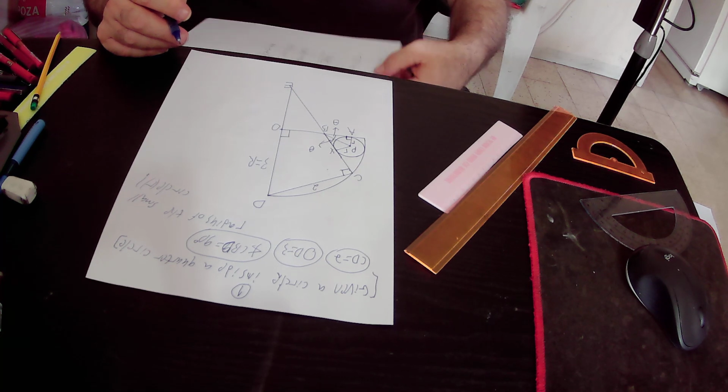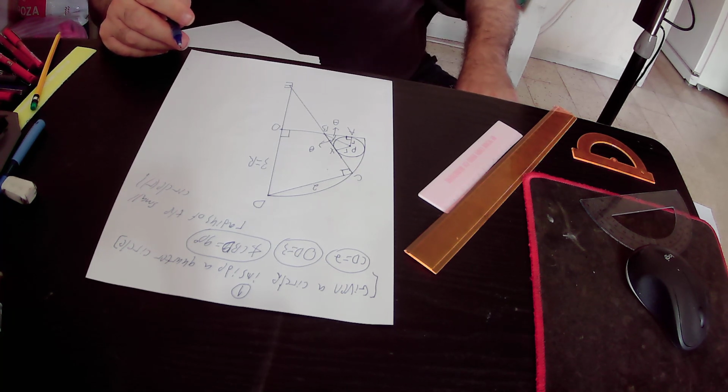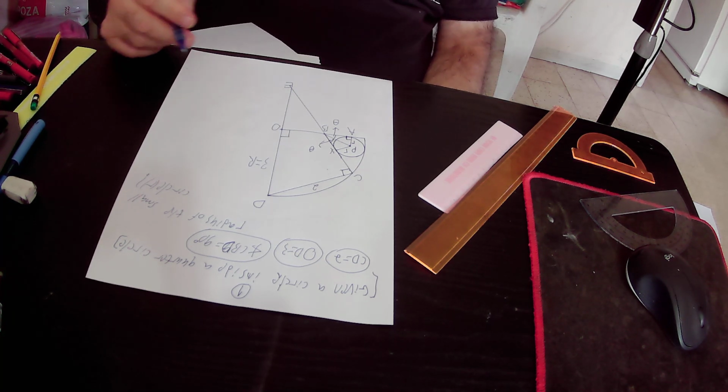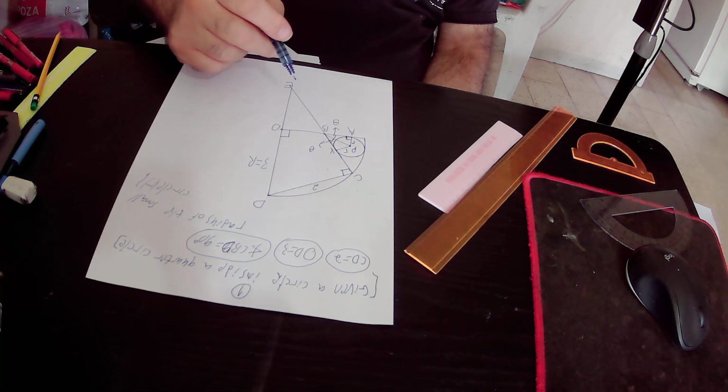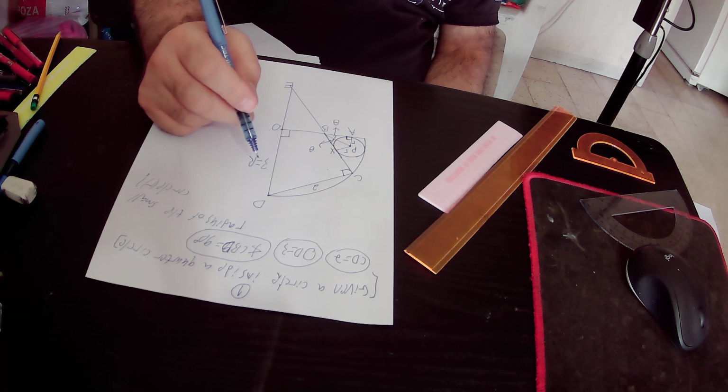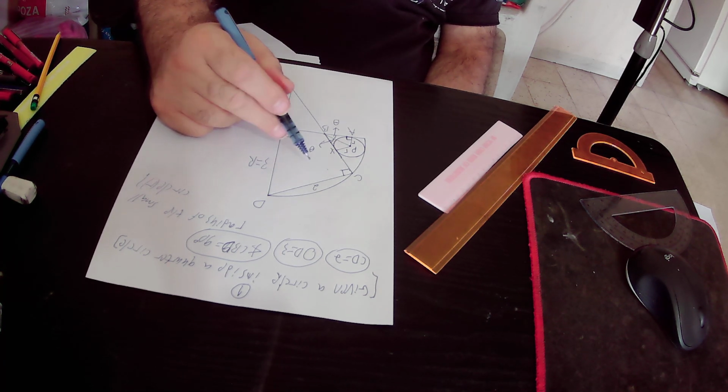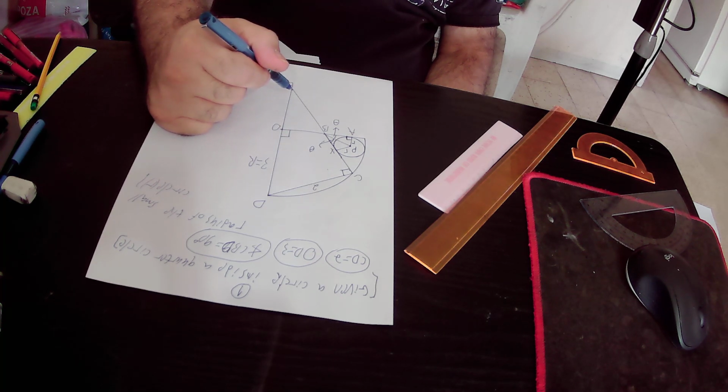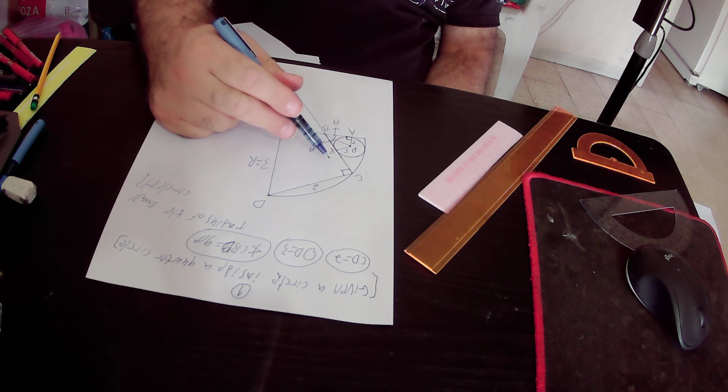So we know that peripheral angle DCE equals 90 degrees.